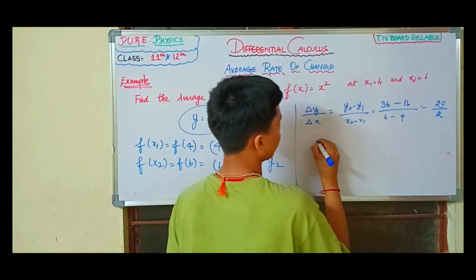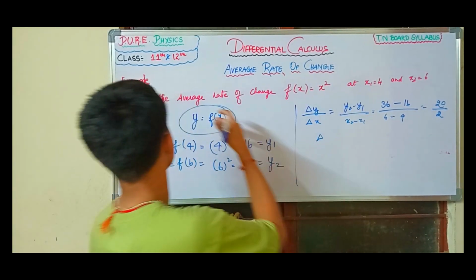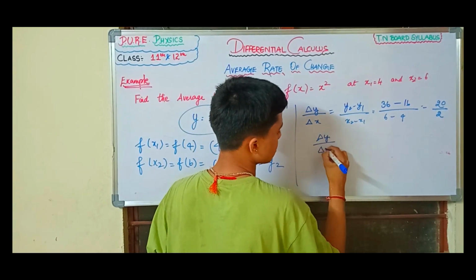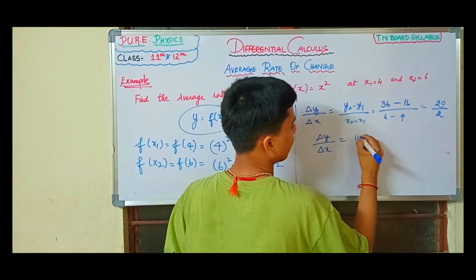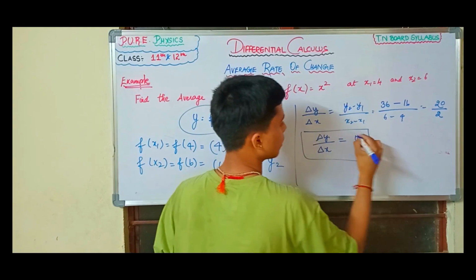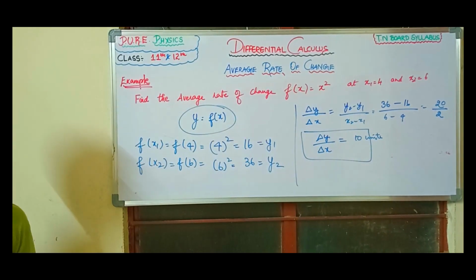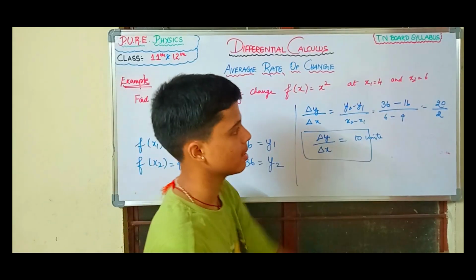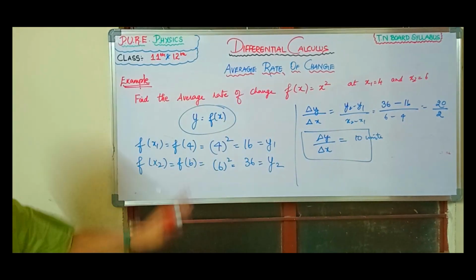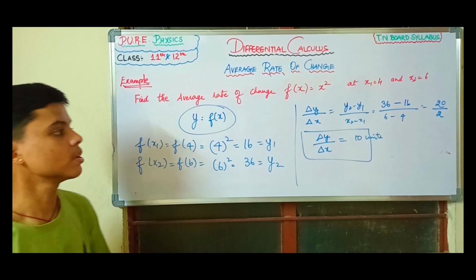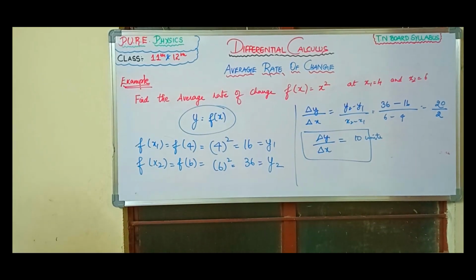The answer for the average rate of change of this equation, delta y by delta x, is equal to 10. And you need to put units. Whatever units they have given in the question, you need to write. But here there are no units and no quantities mentioned. Just one equation, and they've asked you to find the average rate of change. So this is the example for average rate of change.